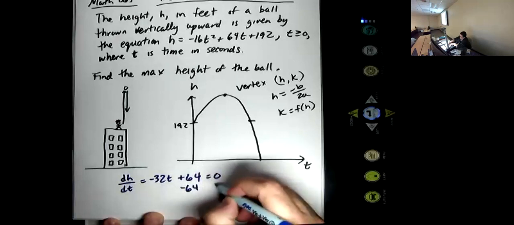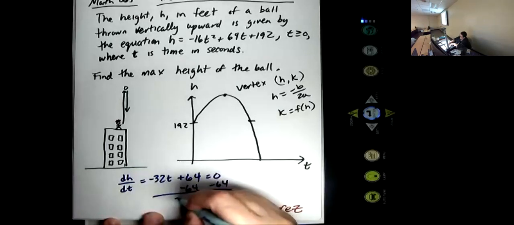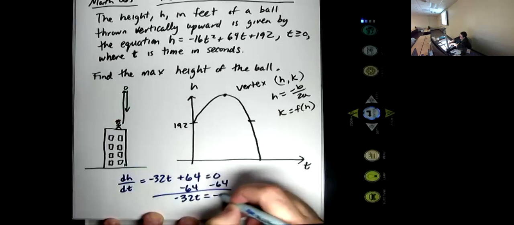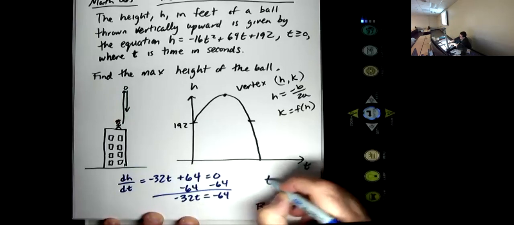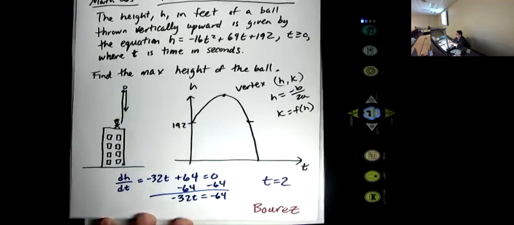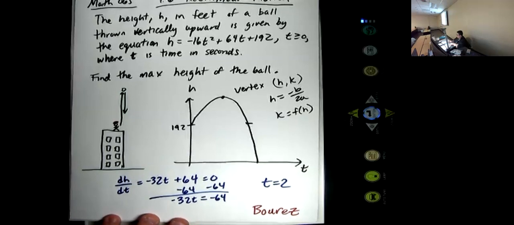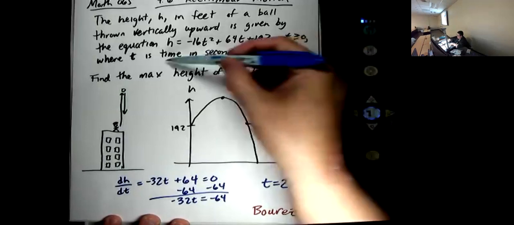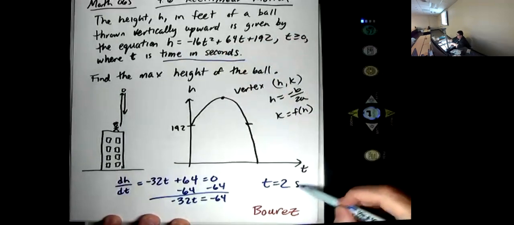We solve. And I get t equals 2. 2 what? Time is in seconds. It's at 2 seconds.